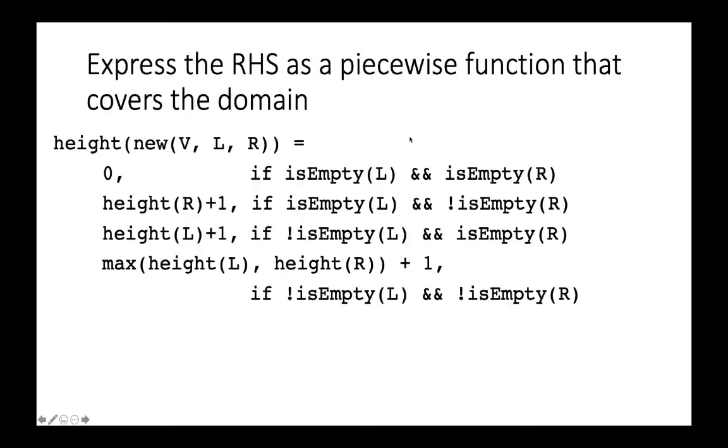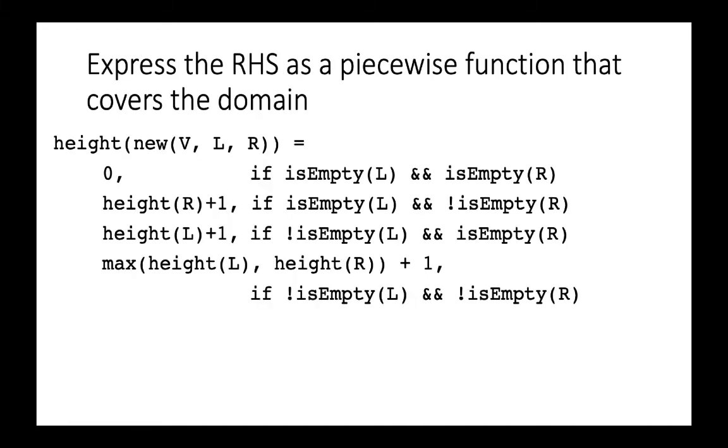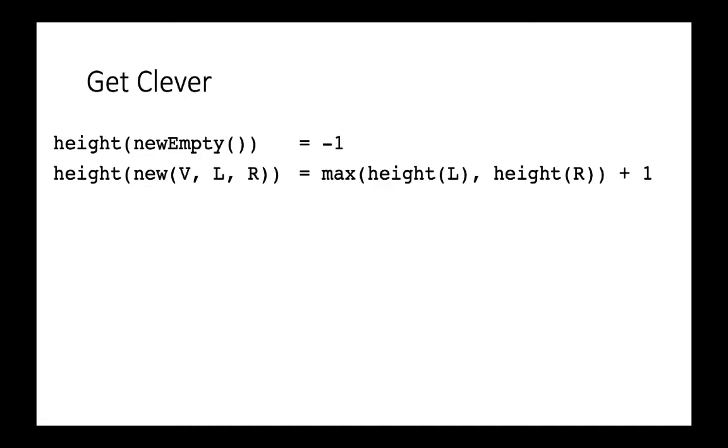So really, this and this are just different versions of each other. This one is 4 different statements to cover the domain. This is 1 statement, but you're just careful that you have all the pieces that cover the domain, all the possible combinations of the inputs that matter.